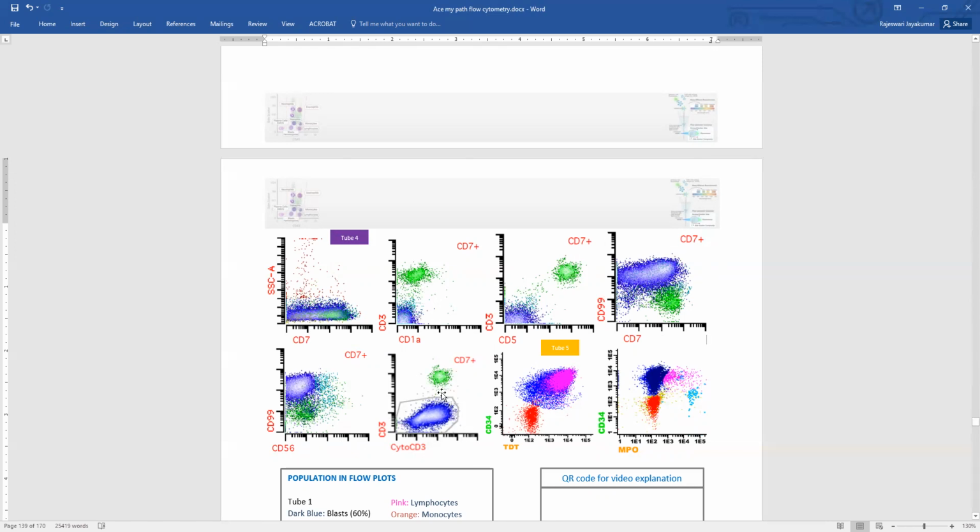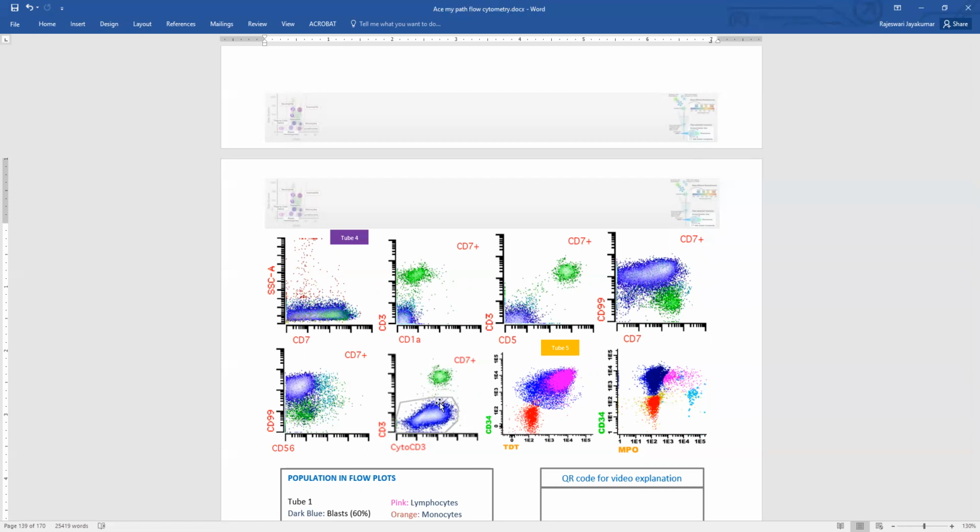So we can usually compare the T cells in the background to decide whether cytoplasmic CD3 is positive or negative in a population. If we see that this population is reaching the intensity of the background T cells, this is positive. So far, we have both T lymphocyte markers, cytoplasmic CD3 and CD7, that are positive.